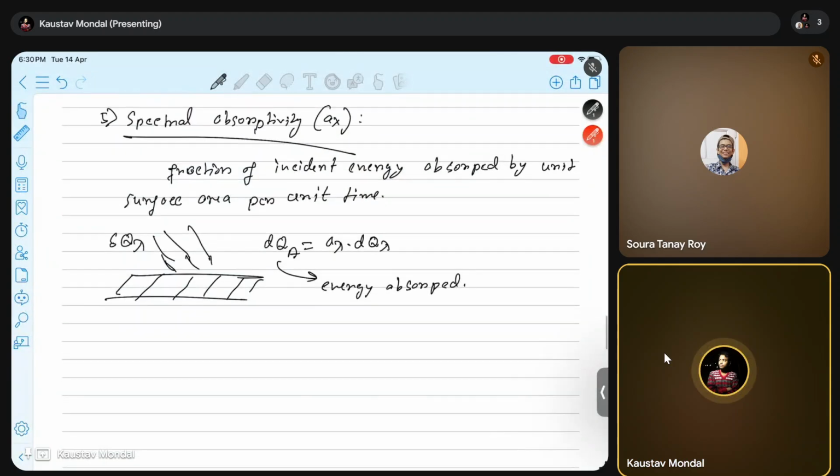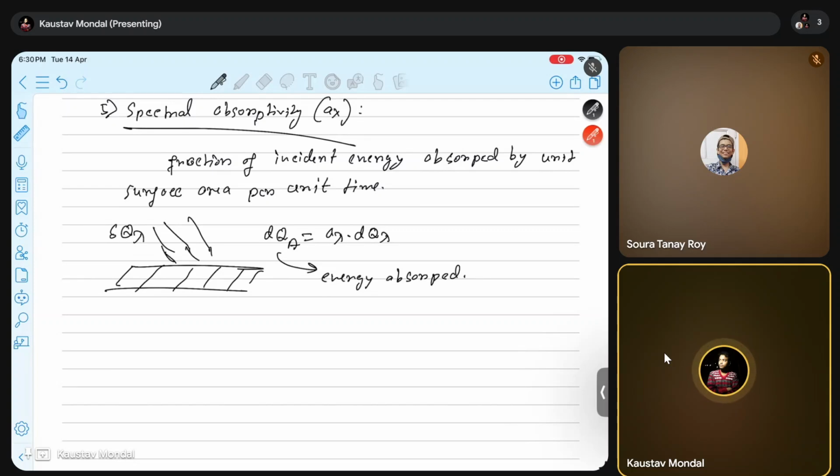So if a fraction of incident energy is getting absorbed, what happens to the rest of the energy? From the rest of the energy, some will be reflected from the system, and some will be transmitted through the system. To denote those fractions, there are two other quantities.